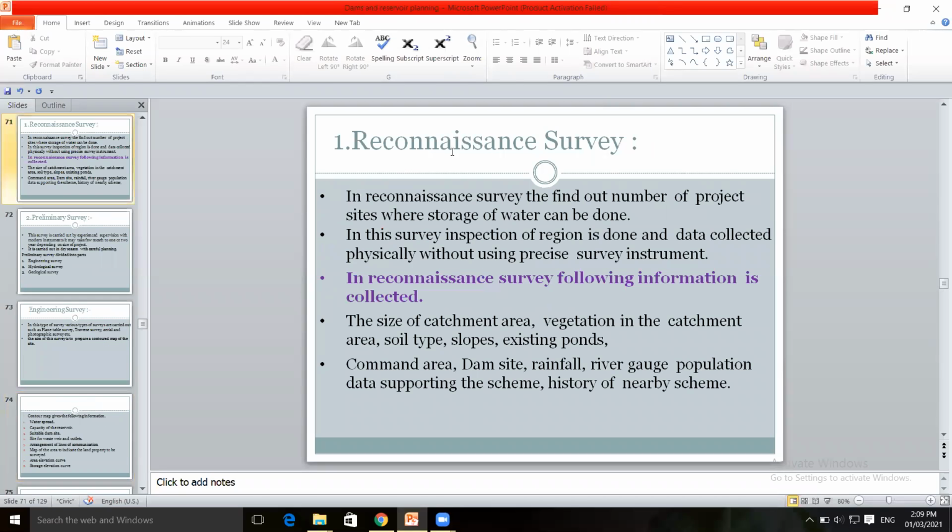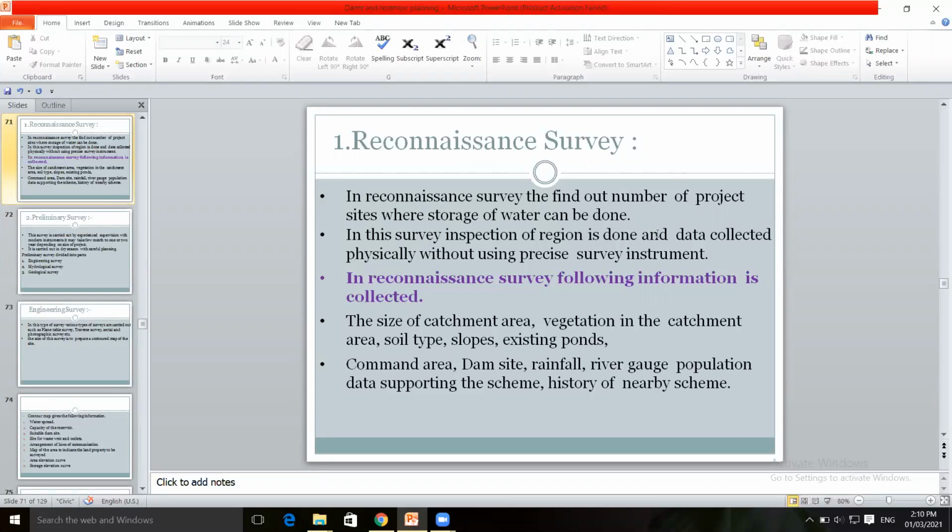The first type is reconnaissance survey. How is reconnaissance survey done? In this, various information is collected at the reservoir site, at the dam site, to survey the storage of water.